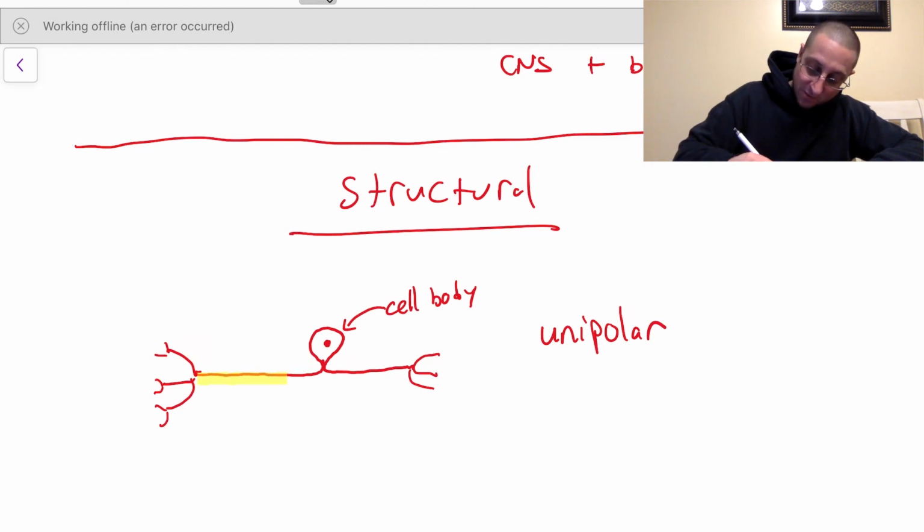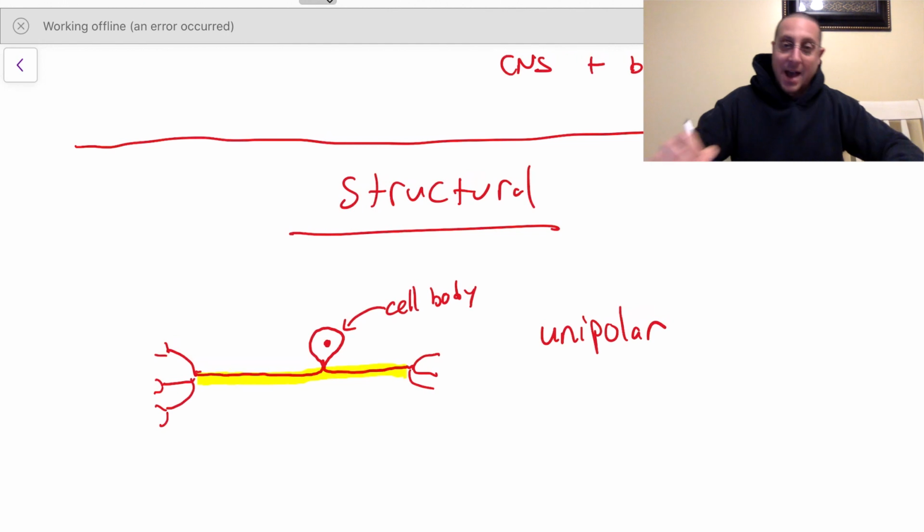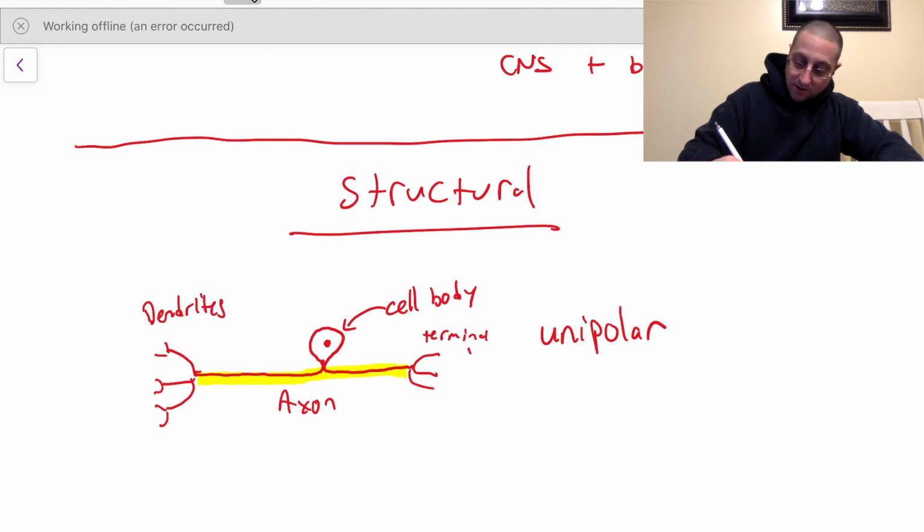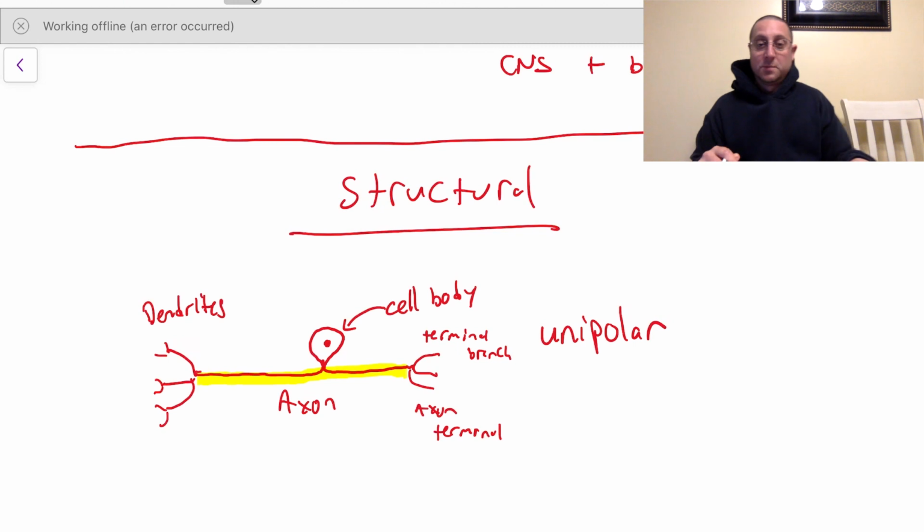neuron because it has one long axon over there. So if that's the axon, we could say these are the dendrites. Then what's this? The terminal branch, or the axon terminal. And we should be able to figure out what direction the nerve impulse is going.